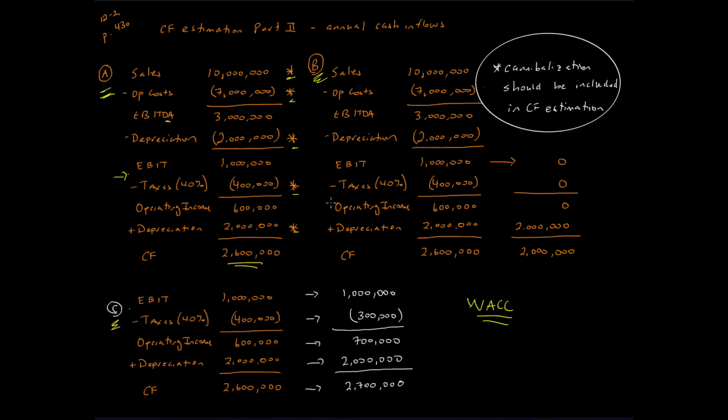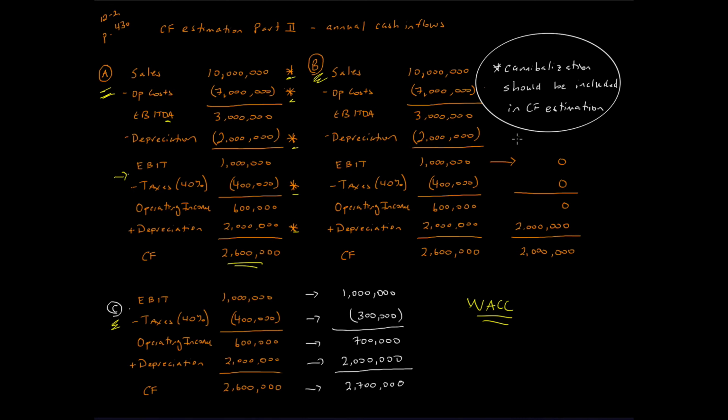In part B, it says if this project would cannibalize other projects by $1 million of cash flow before taxes per year, how would this change your answer in part A? So in part B, I've come over here and I've made an adjustment that you see over here. Now, there is an important little phrase in part B. It says it would cannibalize projects by $1 million of cash flow before taxes.